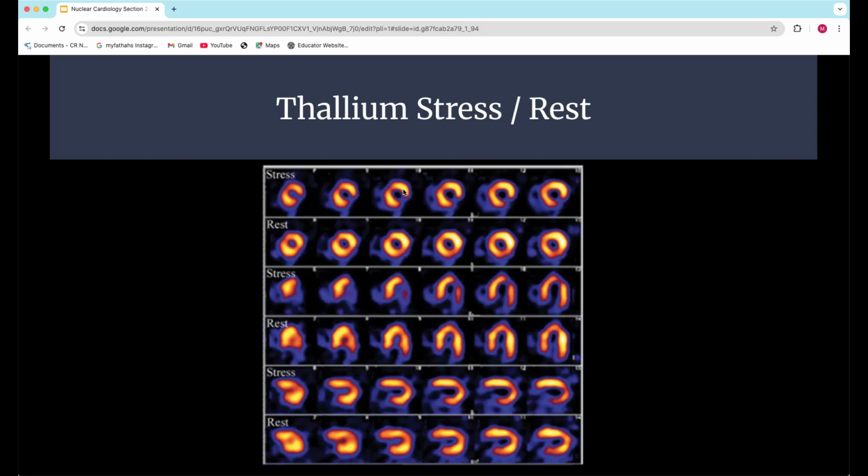That can be kind of a funny concept to think about, but just know that that's why we compare a rest to a stress. It's also why if I did this stress test on a thallium protocol, which for the thallium we do the stress first, and it came up and looked like what this rest looks like, all filled in, well then I don't have a question to answer, I'm done.